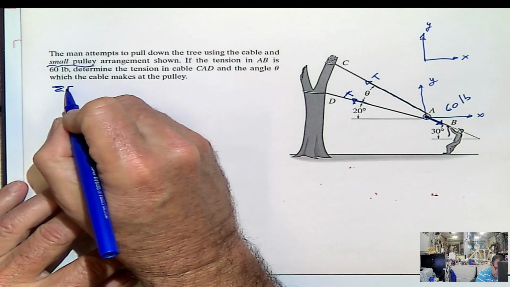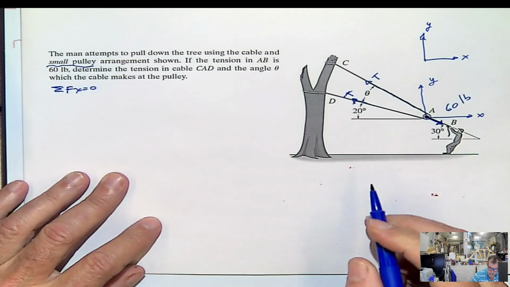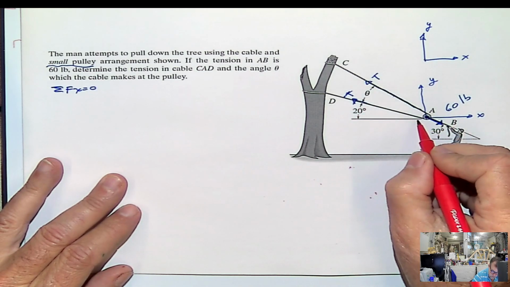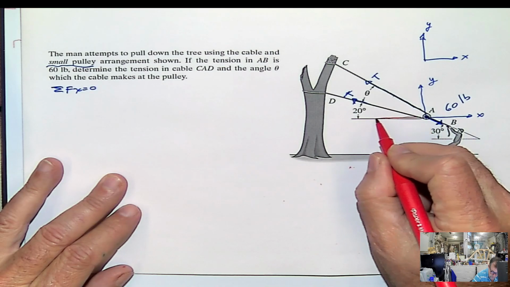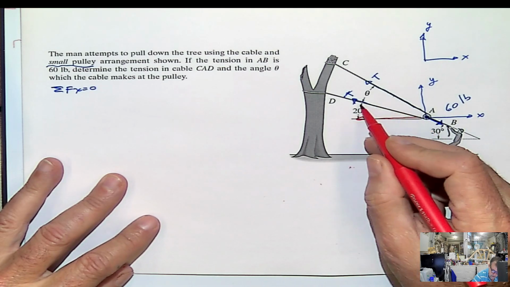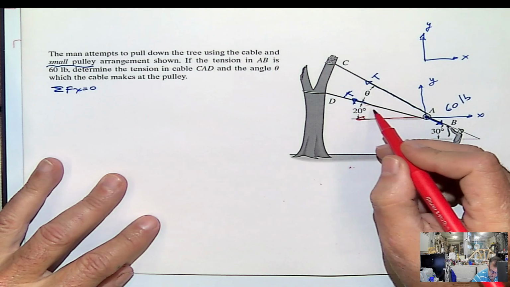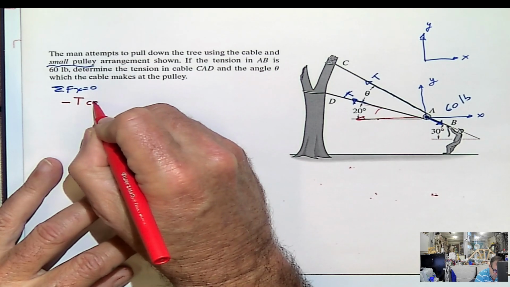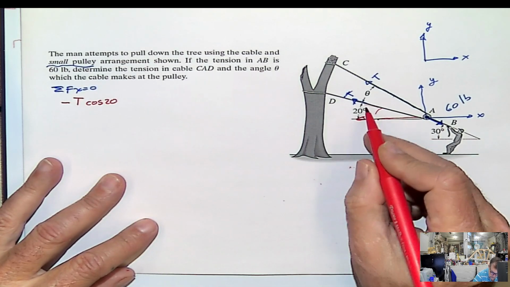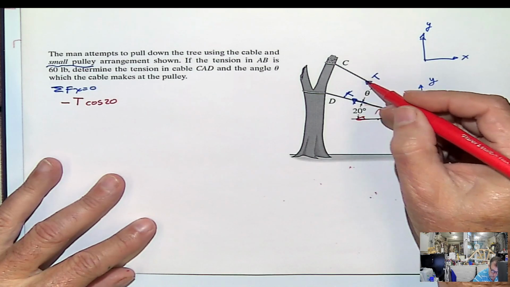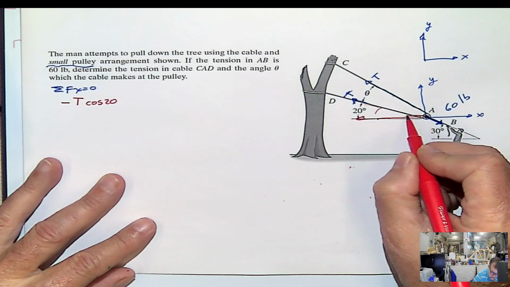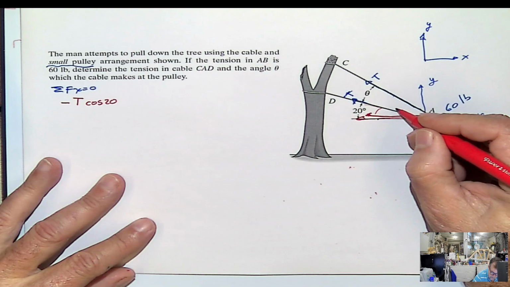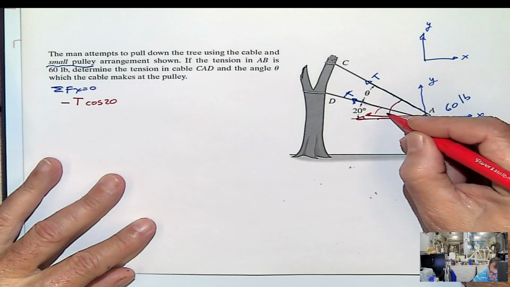So let's start with summation of forces in X equals 0. The X component for this tension will be negative T cosine 20. So let's do that. Negative T cosine 20. That's this here. Now for the other tension, the X component, for this one, the angle will be 20 plus theta.